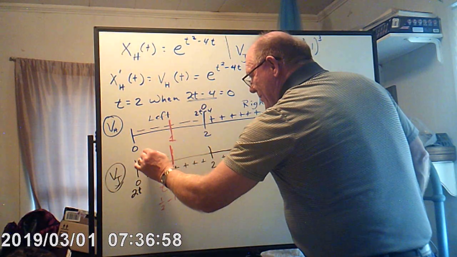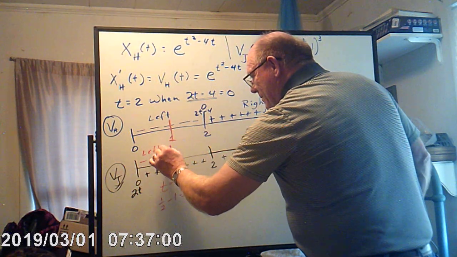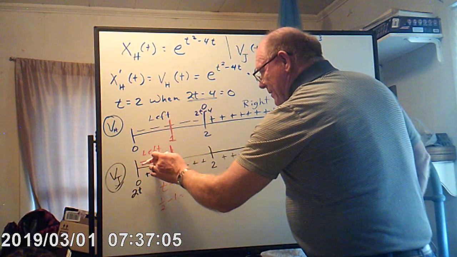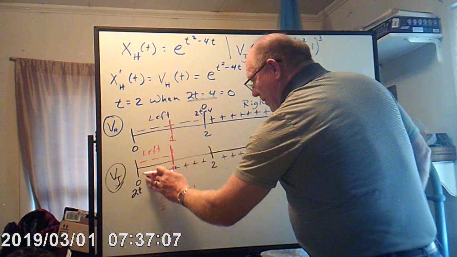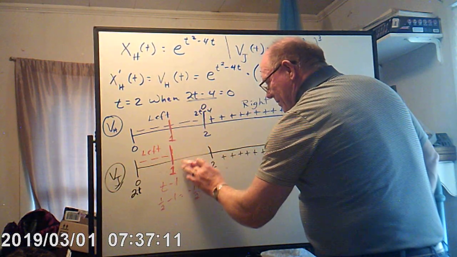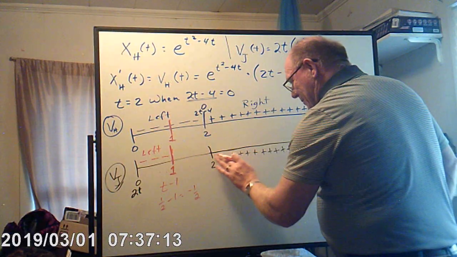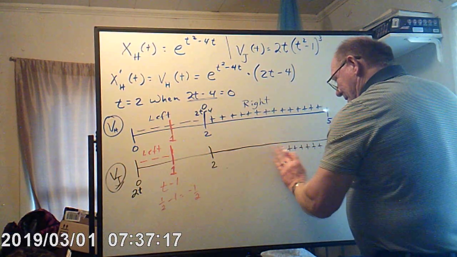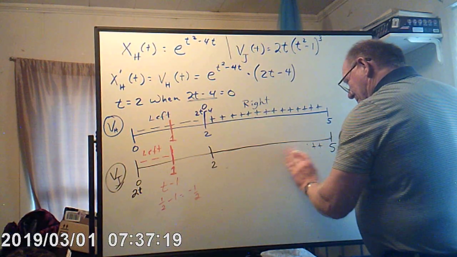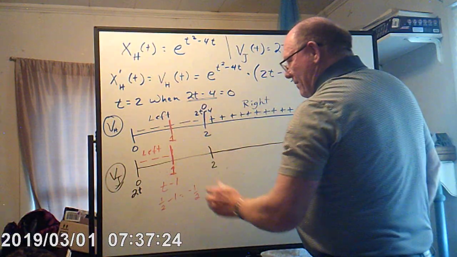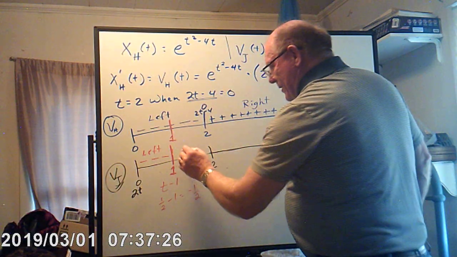So that means the particle is going to the left. And a negative times a positive is still negative. So if everything's positive here, we really don't need this. We can leave it there if you want, and you'll see that it'll turn out the same either way. So everything to the right of 1, automatically just start putting plus signs.